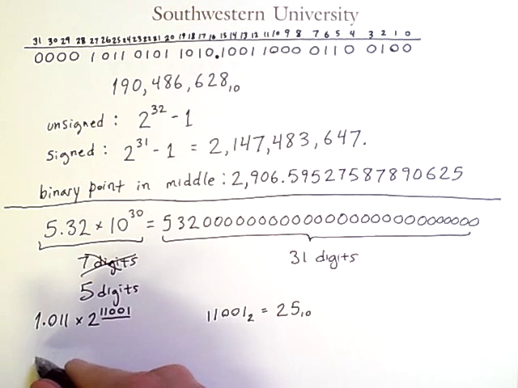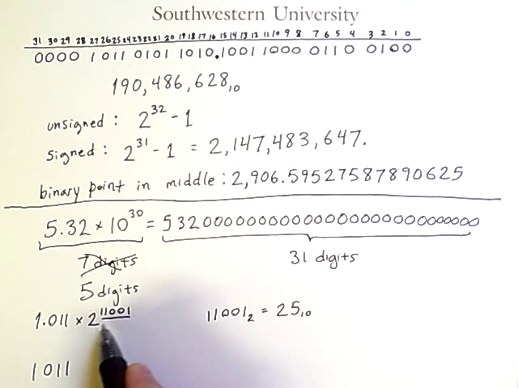That means that if we start with this number, 1011, initially there was a binary point here. We are multiplying it by 2 raised to the 25. So we're going to shift over that point 25 times.